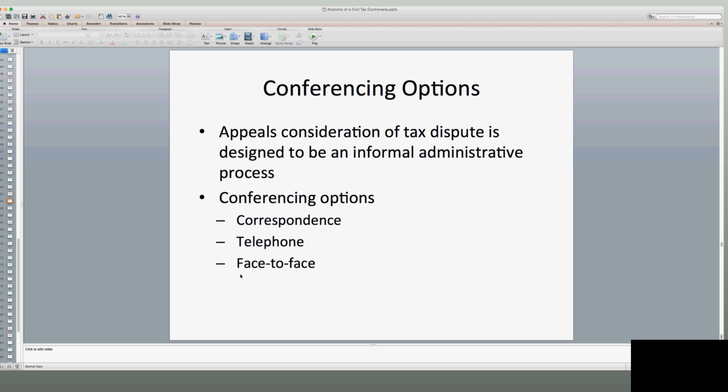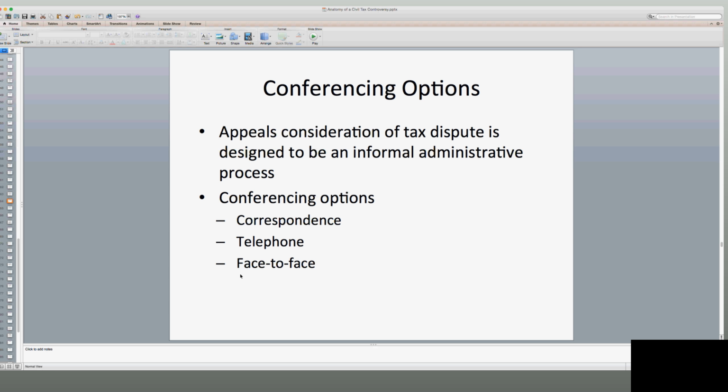It's very informal. As we know, the conferencing options usually are, they do state that face-to-face correspondence is still an option, but I found more so today than at any other time, it's usually a telephone conference that the appeals officer has with the tax professional.